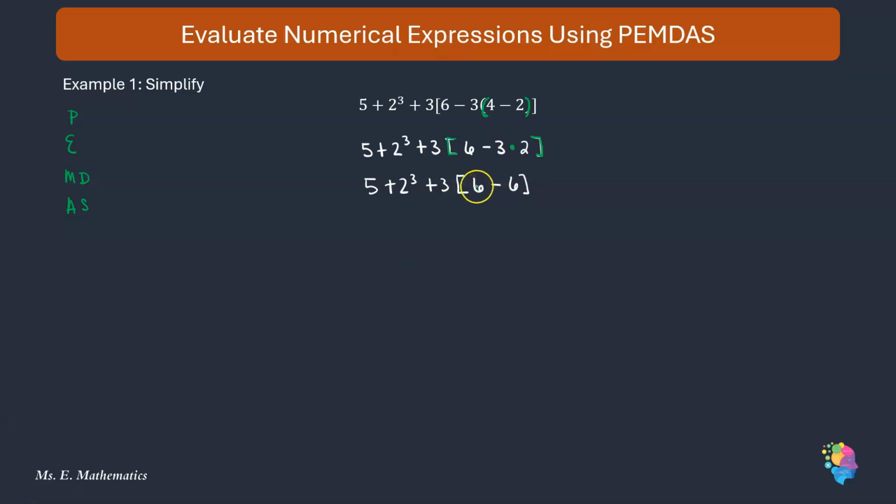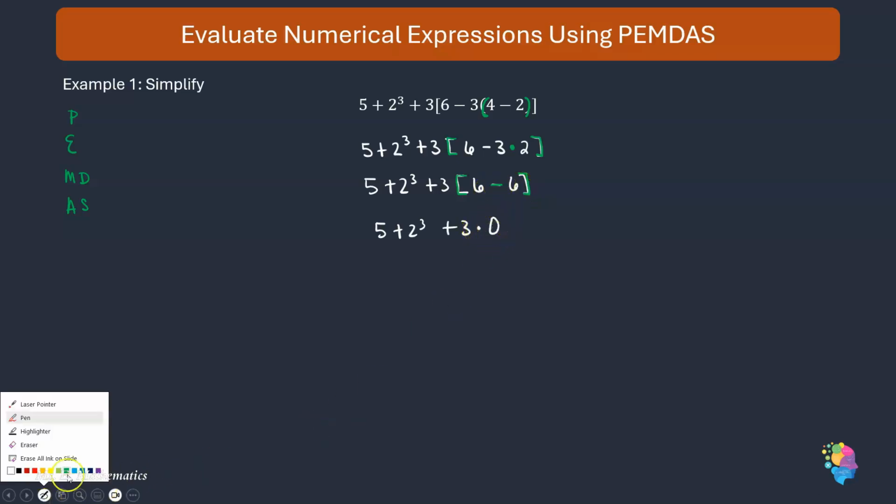We still haven't fully simplified everything inside this square bracket, so we're going to do 6 minus 6. Then that result, since this square bracket has a 3, is going to get multiplied by 3. Well, 6 minus 6 is 0. So we have 5 plus 2 to the third plus 3, and now I can drop the square brackets because there won't be anything left and change it into multiplication.